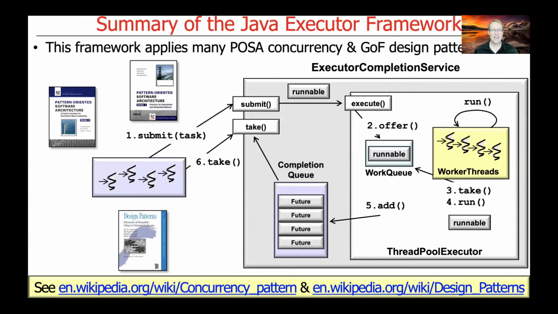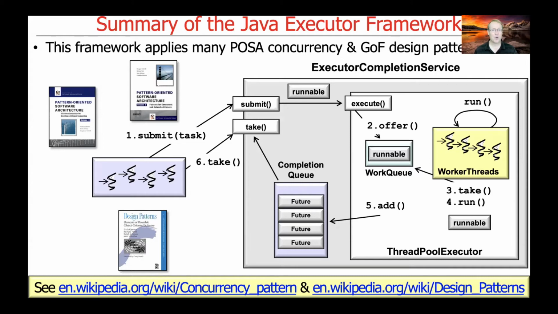Something else that's interesting, and we'll talk more about this in upcoming lessons, is that the framework applies many patterns from the Pattern-Oriented Software Architecture book series, which I was co-author on a number of, as well as the famous Gang of Four design pattern series.